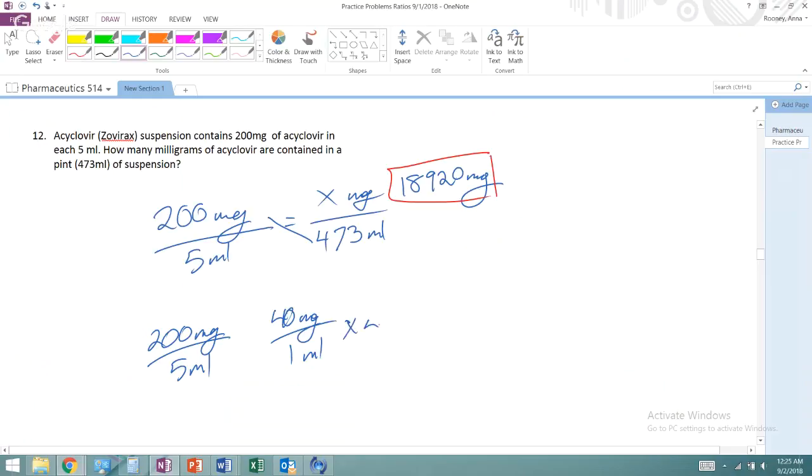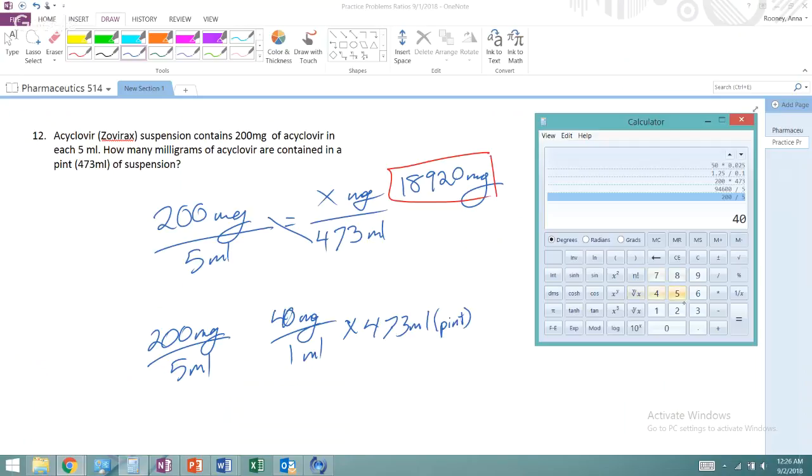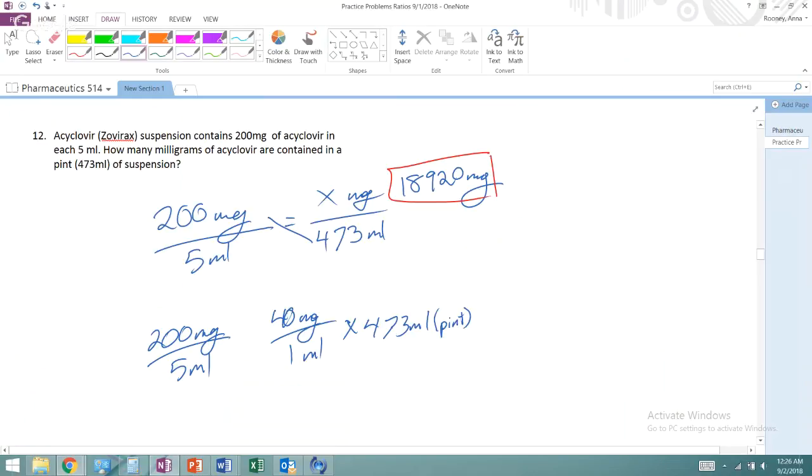Then we're just going to multiply it by 473 milliliters. And you have to have in the back of your head that it's per pint. That's a pint, remember, because you deal with it. Okay, so we find that is 18,920. Same thing.